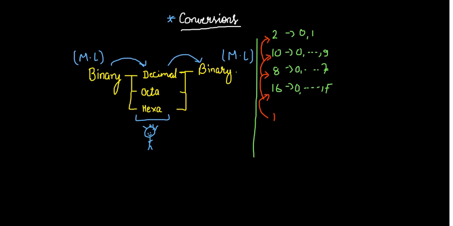Which one have I written? How will you know that? To resolve this problem, we use a notation called the radix, or you can also call it the base number.